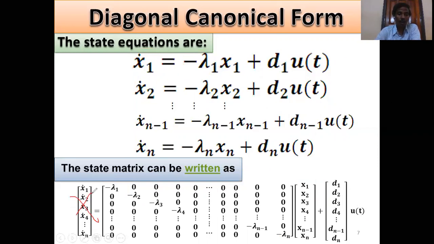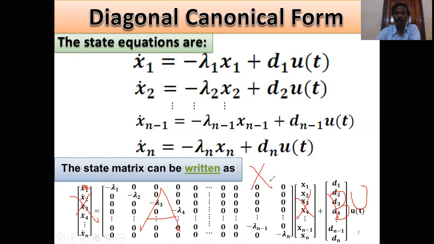The state matrix can be written in this form, where this is the x dot form, and this is the A matrix. X dot equals AX, this is AX, this is the B matrix, and this is the U matrix.